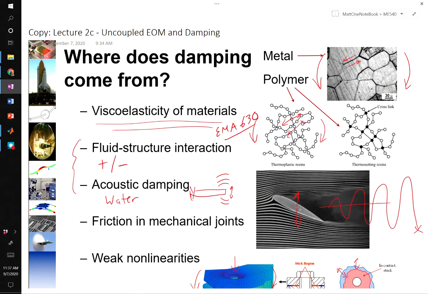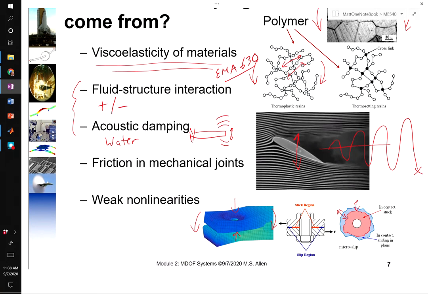Maybe that's not a good example because there is an approach to get a C-like matrix for that. But what about the airfoil in the wind, right? Deriving a damping matrix requires simulating all of the fluid flow. So we'd have to have a mesh for all of the fluid and a lot of computation power. And so if our model was only for the wing, we would have no idea what the C matrix is.